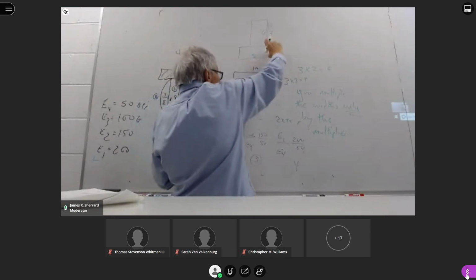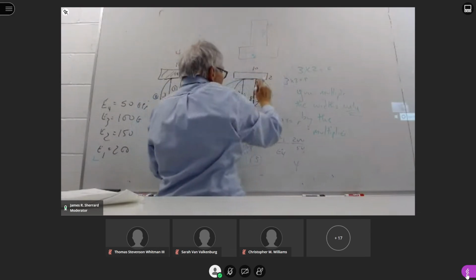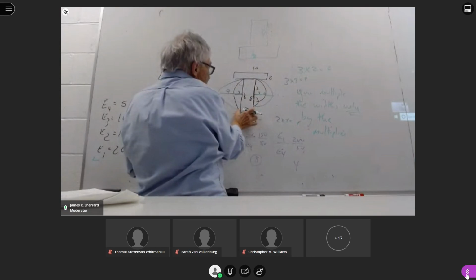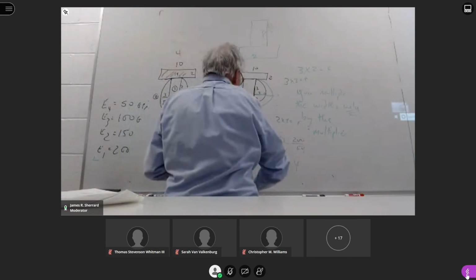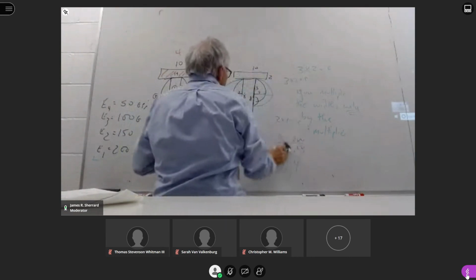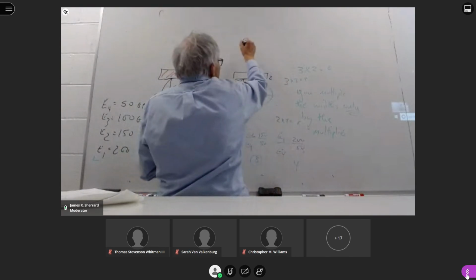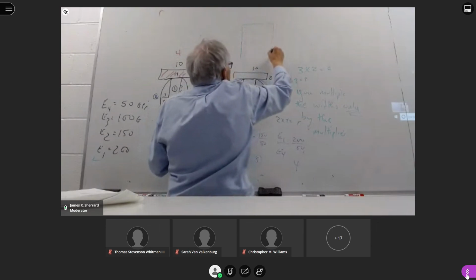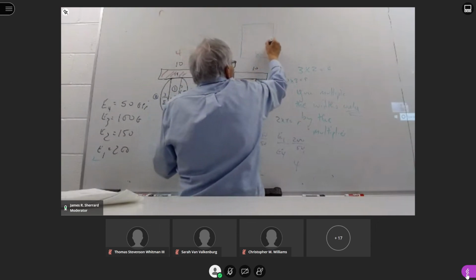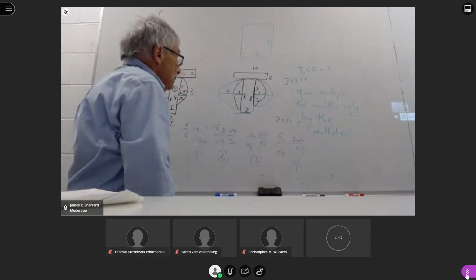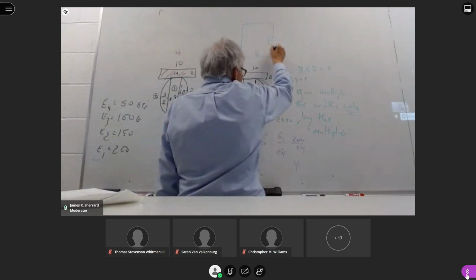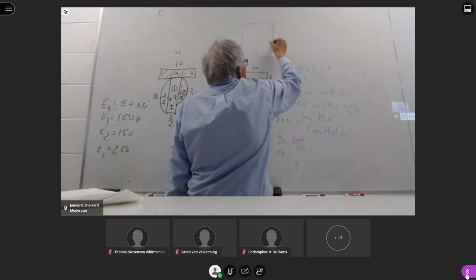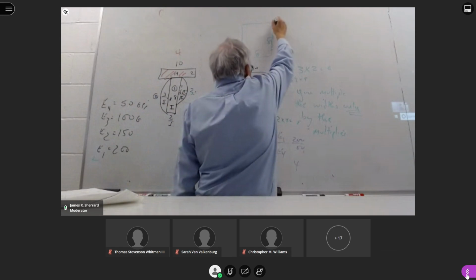This side is 8. This side coming down doesn't change, so it's 8. I still didn't draw it right. Attached to the side here, this side is still going to be 6.